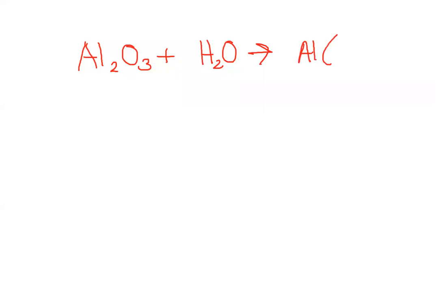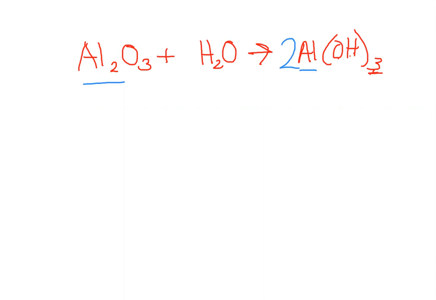So let's try some more on your notes. Al2O3 plus H2O yields Al(OH)3. Remember that this 3 right here has to distribute to the oxygen and the hydrogen. So this is how I start. Got 2 aluminum over here and only 1 over here, so I'm going to put a 2.